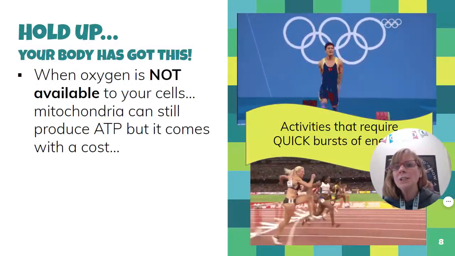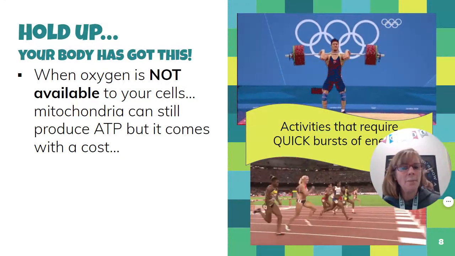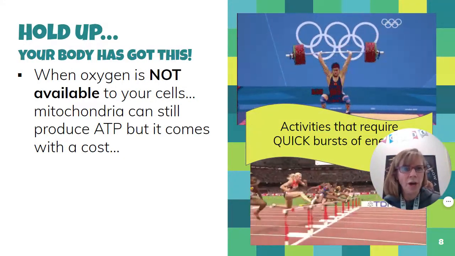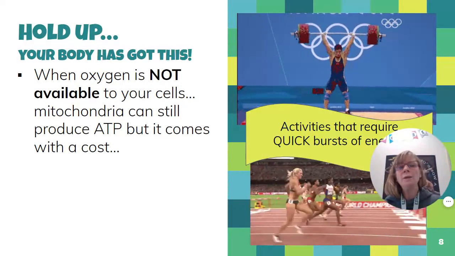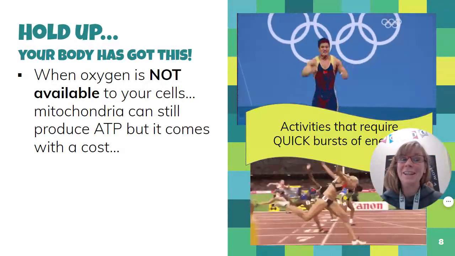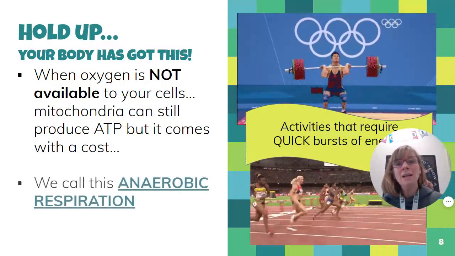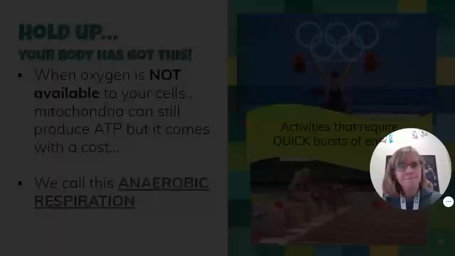When oxygen is not available and the mitochondria can't keep up with that ATP, it comes with a cost. That's why activities such as sprints and power cleans in weightlifting can all undergo what's called anaerobic respiration.